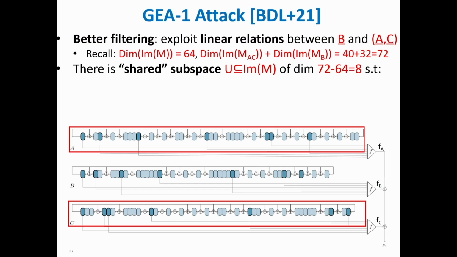In particular, there is a shared subspace. I'll denote it by U, which is contained in the image of this mapping, and which is of dimension 72 minus 64, which is 8.